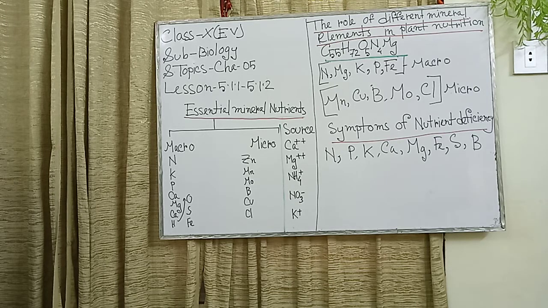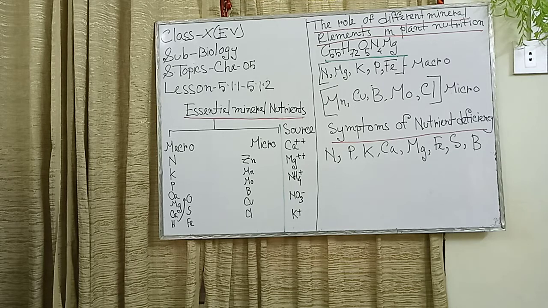The elements which are consumed in very small quantities, required for the normal growth of plants, are called micronutrients or microelements. They are zinc, manganese, molybdenum, boron, copper and chlorine.